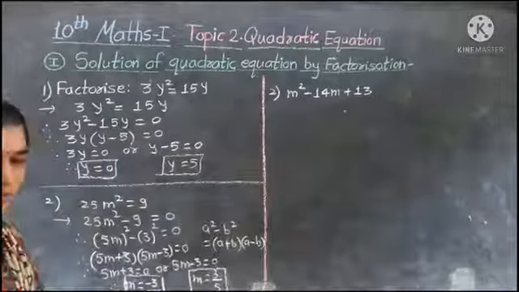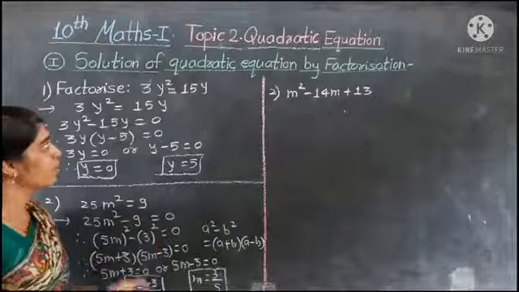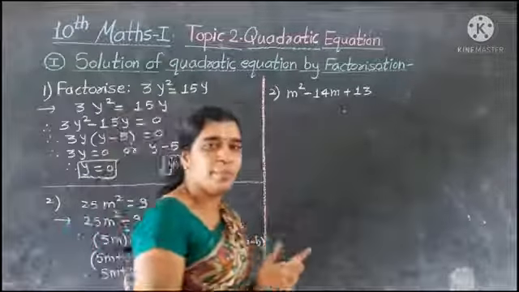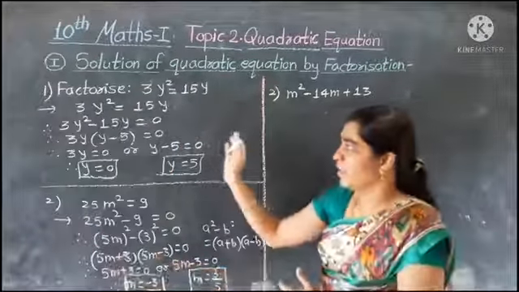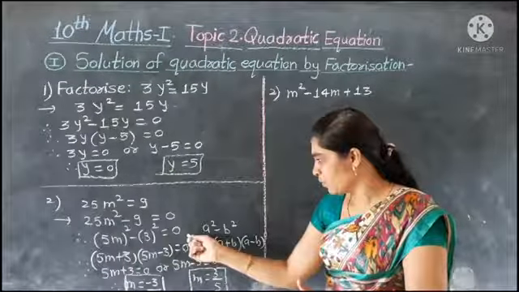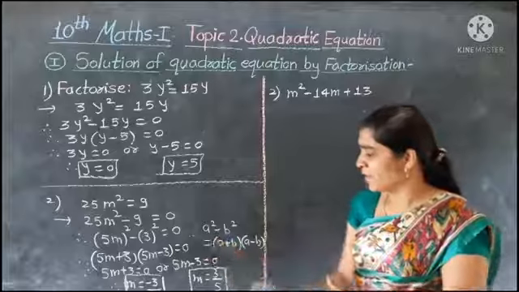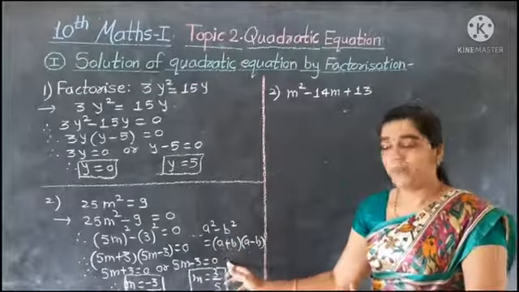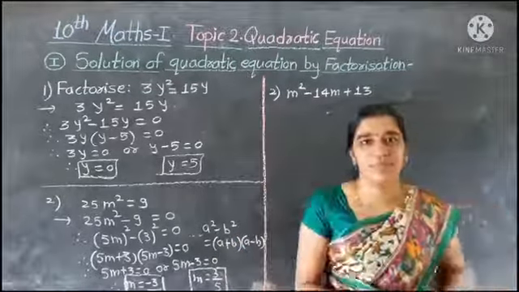In this way we can complete it. These are two examples of different kinds. Here only a common term is there. The other is of the form a square minus b square is equal to a plus b into a minus b.